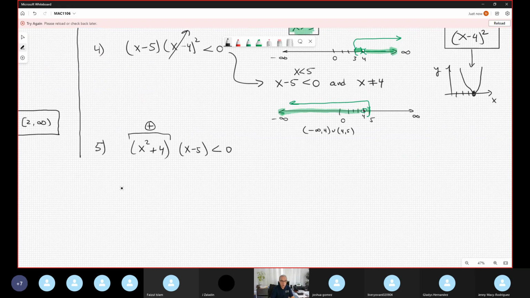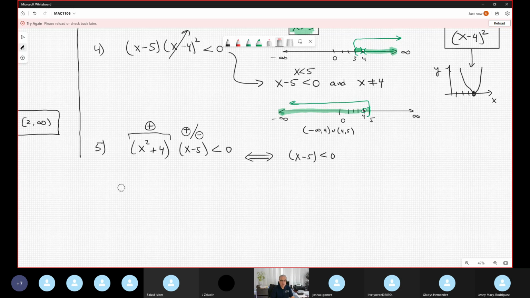So this is always positive, never zero. Now this one changes. Maybe it's positive or maybe it's negative, depending on the value that you plug in here. Now it's obvious that in this case, it's a total delete. Do you understand why? And you copy x minus 5 less than 0, independent of whether you have an equal sign or not.